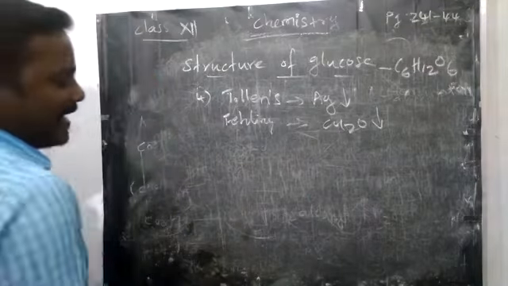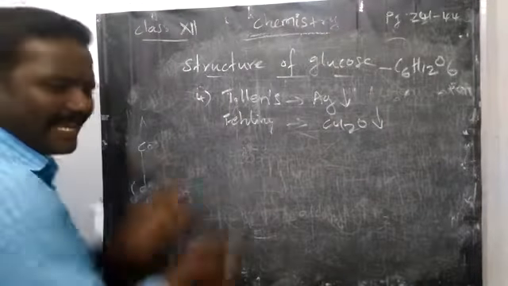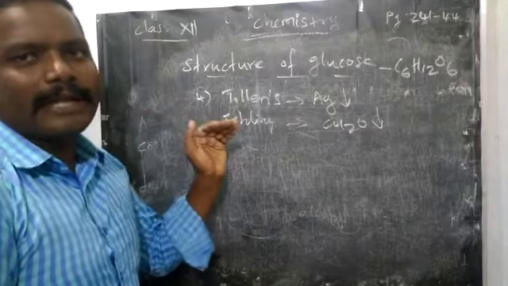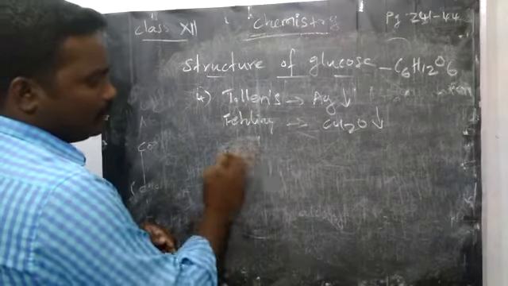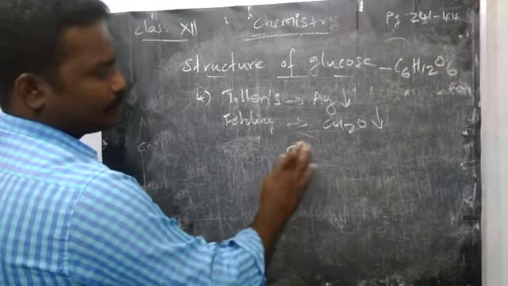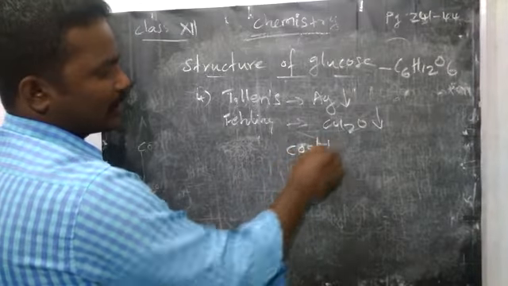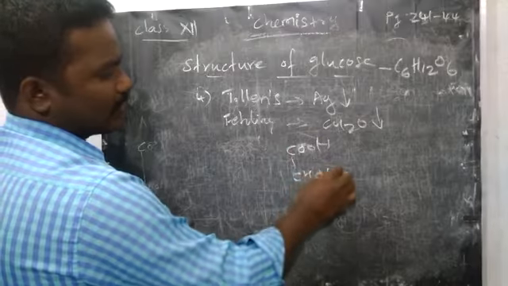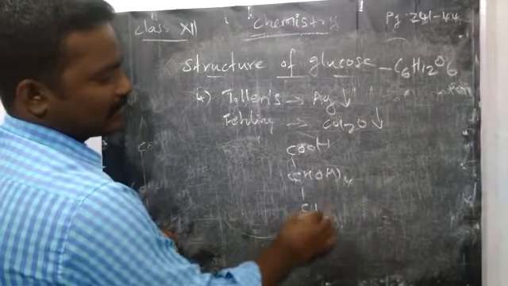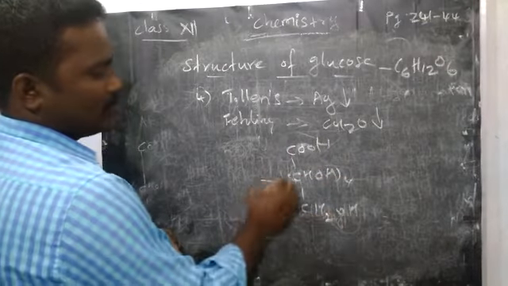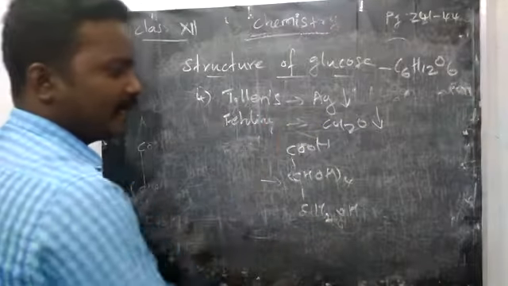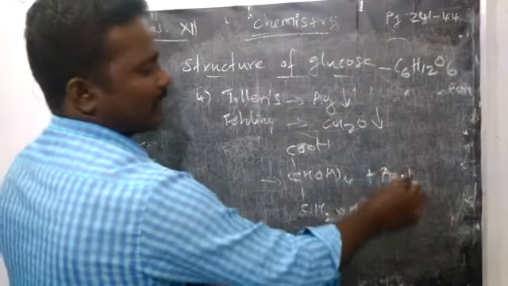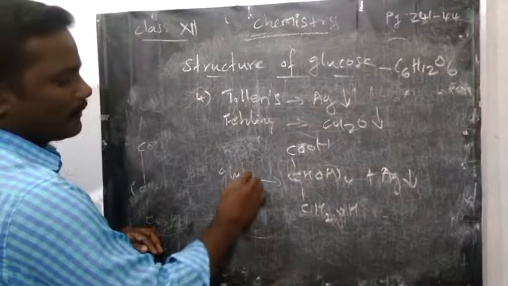So what is the reaction? The aldehyde group will oxidize into acid, that's all. COOH, CHOH four times, then CH2OH. If you take Tollens reagent, it will give silver as a precipitate with glucose.